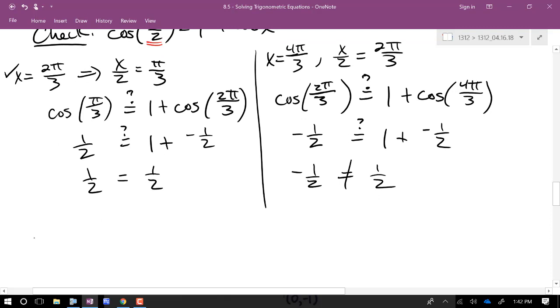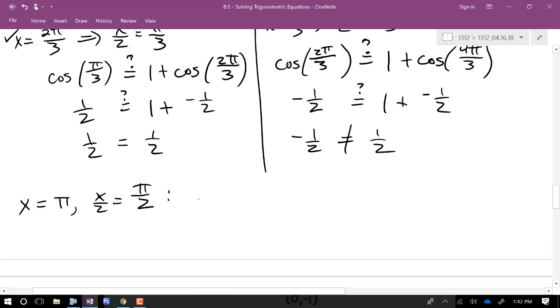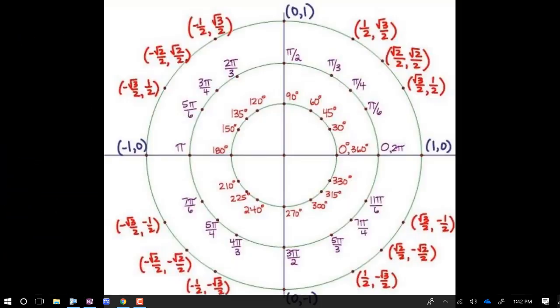And one more to check was pi. So when x is pi, x over 2 is pi over 2. And so the equation we want to check, oops, I'm running out of space here, is cosine pi over 2. Is this equal to 1 plus cosine of pi? What's cosine pi over 2?